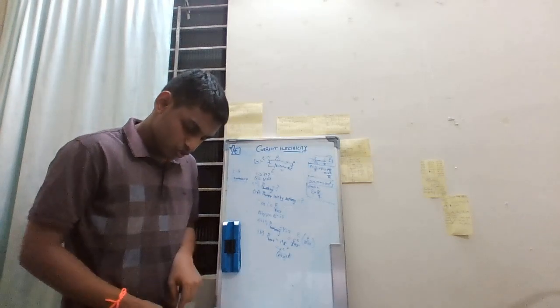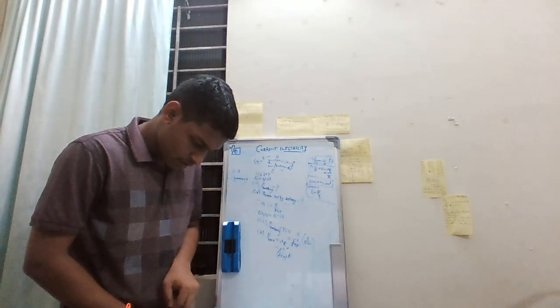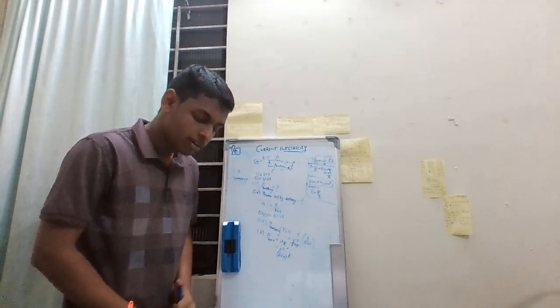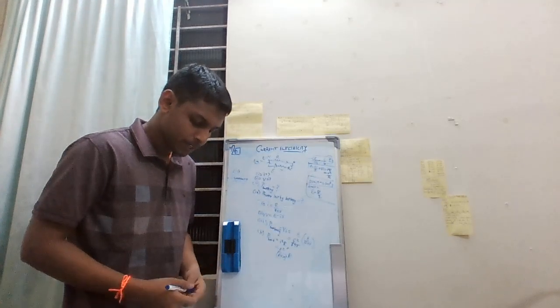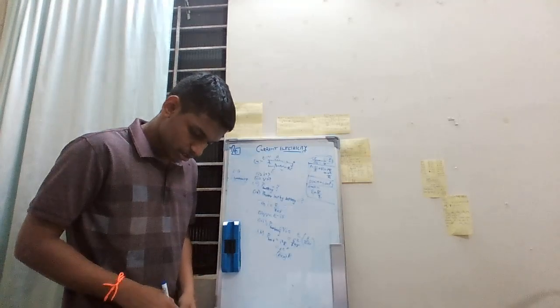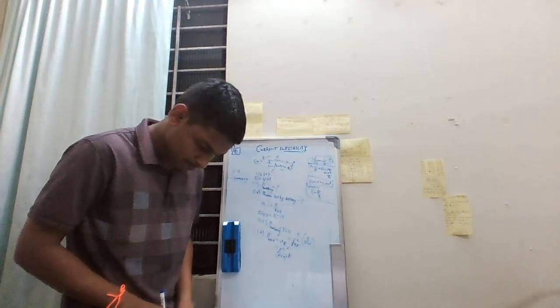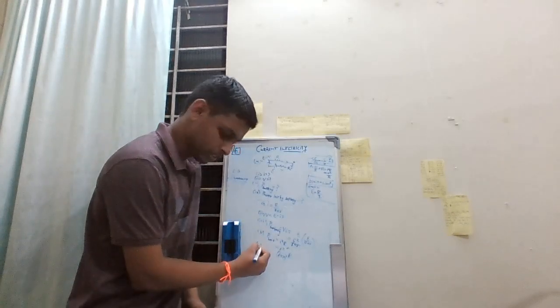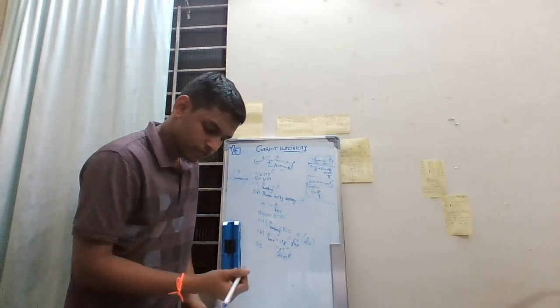We are also told to find P out by the battery, how much output power we are getting from the battery. That would be the same, that is I squared R. P battery is the same, right? We have found it.